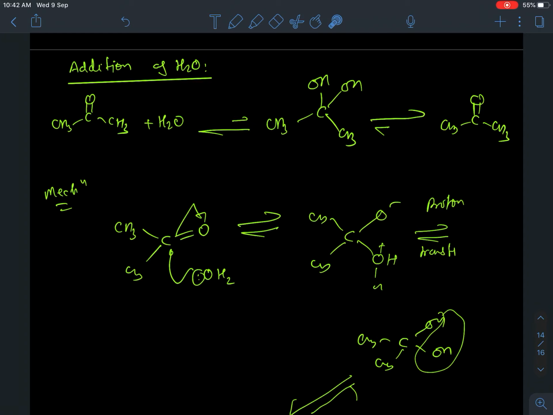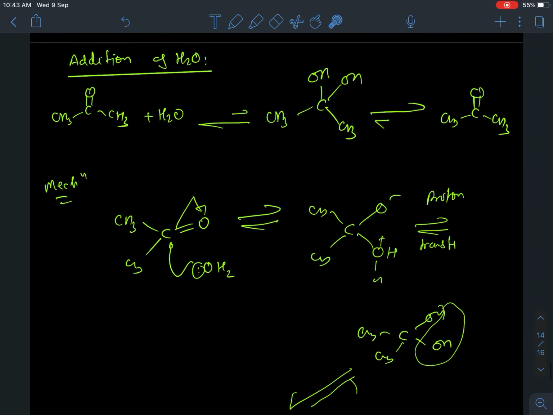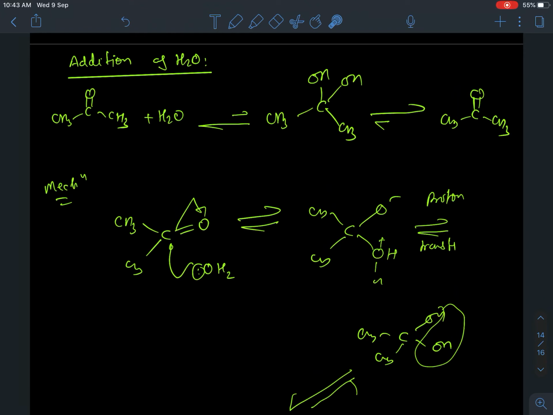The answer is no. In many cases, there are many practical evidences where we know that this tetrahedral molecule used to form. One of the best ways of judging this is to replace this oxygen from O16 to O18. This will be a radioactive species, right?